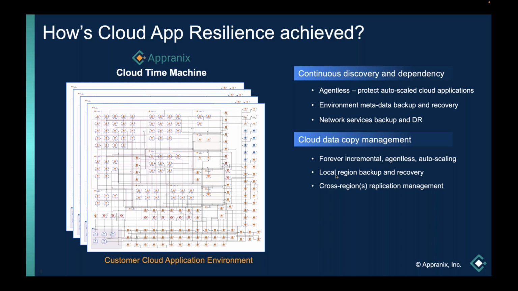Or quick changes that happen because of an application update and so on, or for other purposes completely in a different region, you should be able to recover the entire environment.